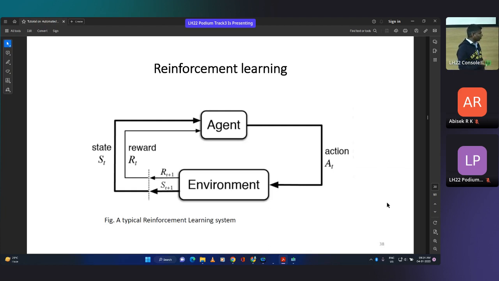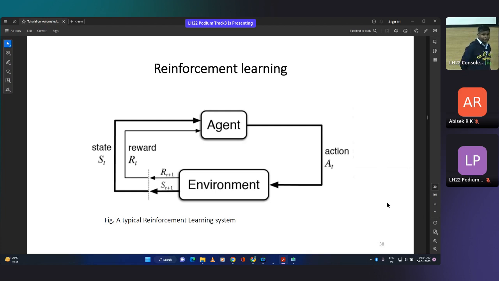I hope many of you are aware of reinforcement learning. In reinforcement learning, there is an environment and an agent. The environment consists of a set of states, and the agent also has some action space. The agent interacts with the environment. Before interacting, it senses the environment by the state, and based on the state and its policy it takes the decision on the environment.